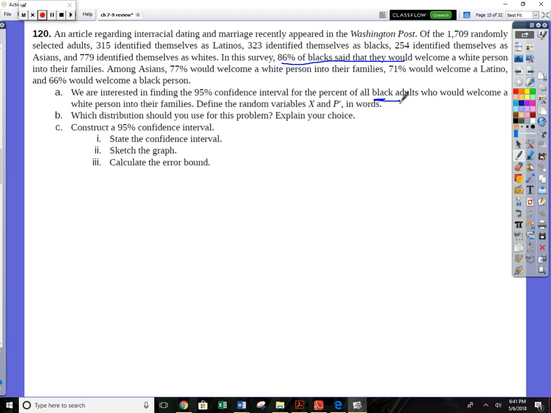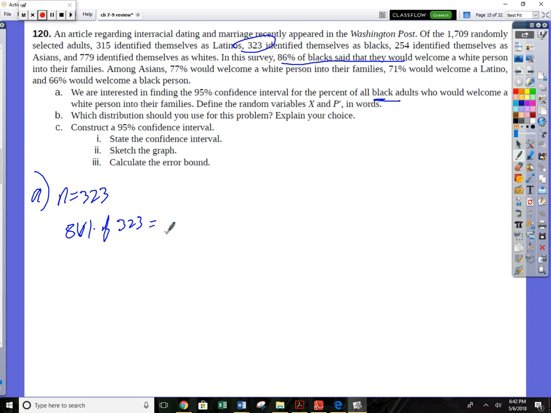So here we go. Okay. A. Okay, how many blacks did we talk to? Right there. So N is 323. And 86%, so I need to know what is 86% of 323.